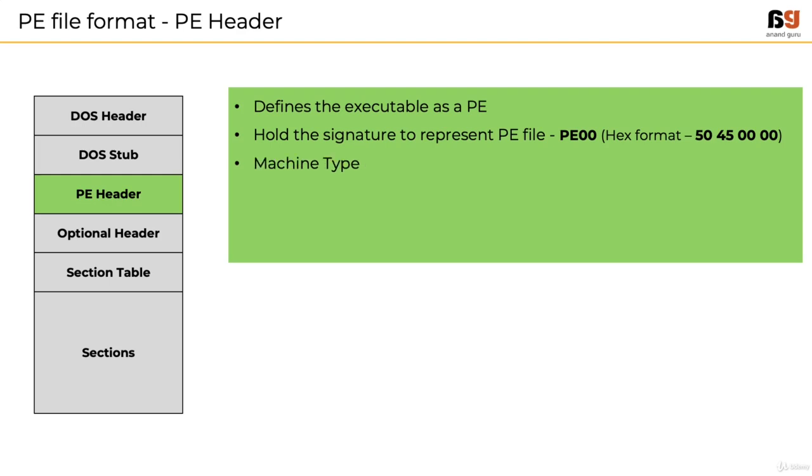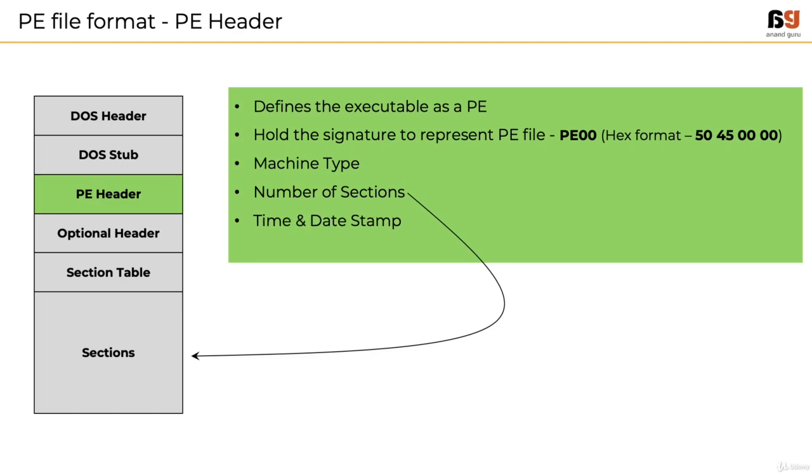The PE header also holds the machine type the application is designed to run on, like 32-bit or 64-bit Intel or AMD chipsets. This part contains the information about the number of sections present in the file. What is a section? We will discuss this at the end. Additionally, we can get the date and timestamp of when the file was compiled. The PE header part also holds the size of the optional header.